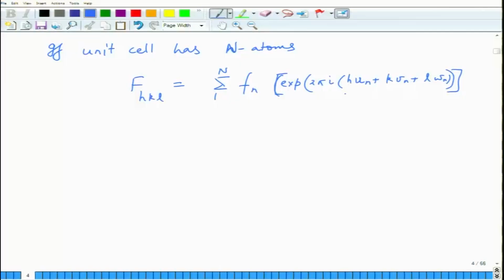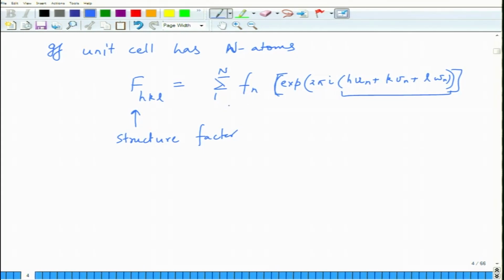So, this F is called the structure factor and this small f is the atomic scattering factor.